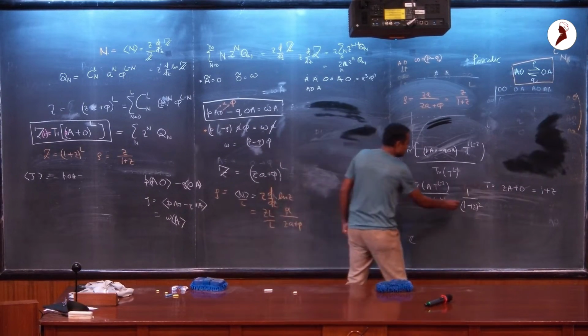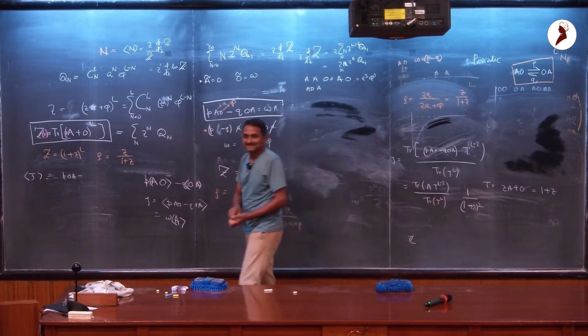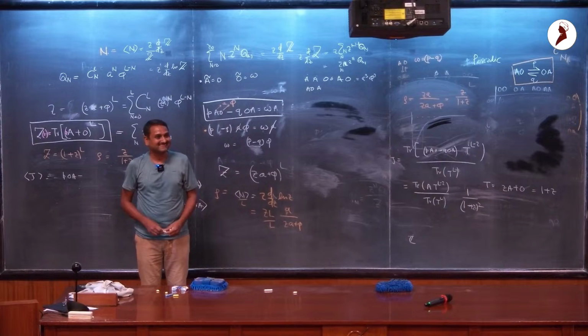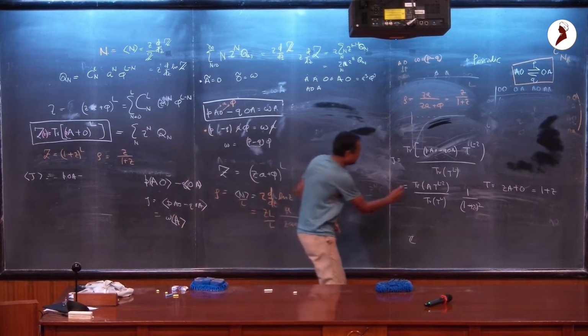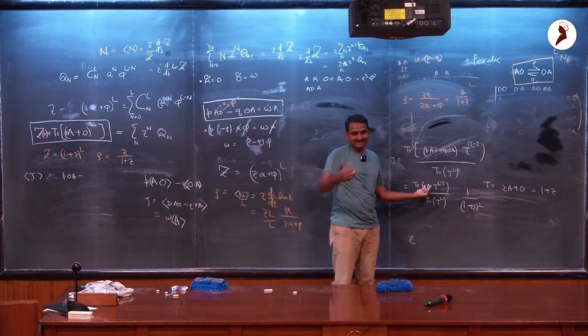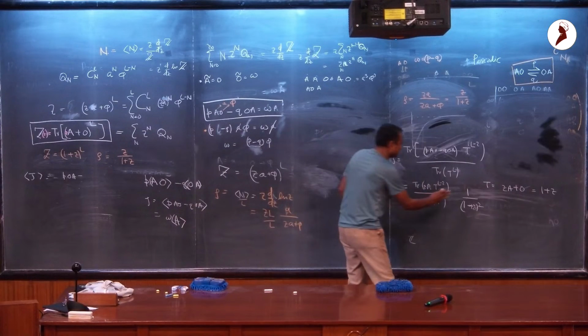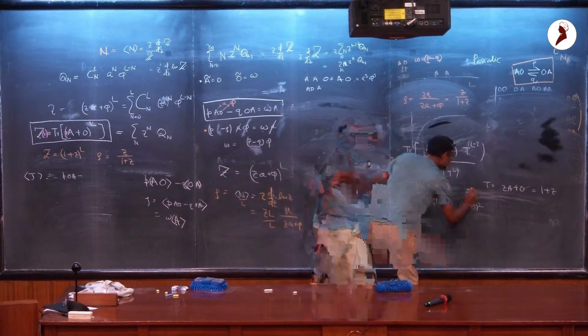Achha, there is one mistake which I did. Yes, here it should be written as ZA because the 1A you are taking out will also carry a Z along with it. So there is a Z: Z by 1 plus Z whole square.